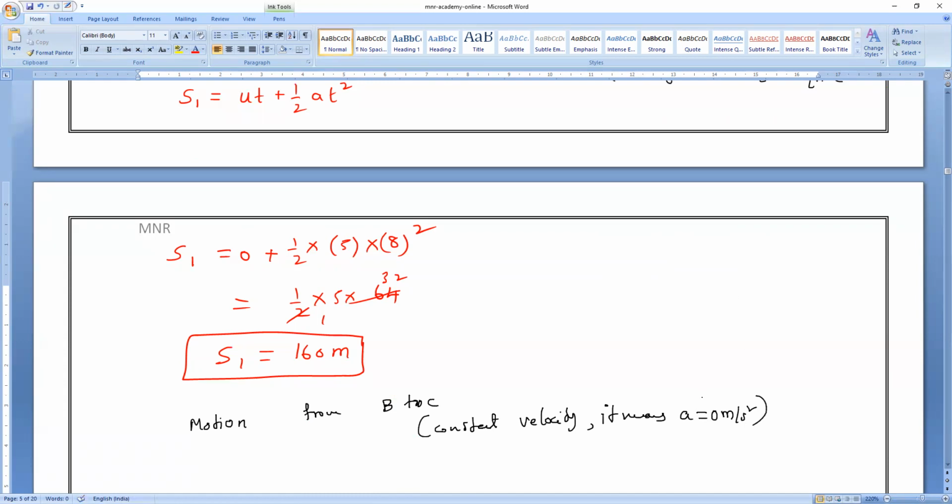Now, if acceleration is 0 in a velocity time graph, the graph will come parallel to the x-axis. Correct or not? Yes, sir. So in a velocity time graph, the graph will come parallel to the x-axis.